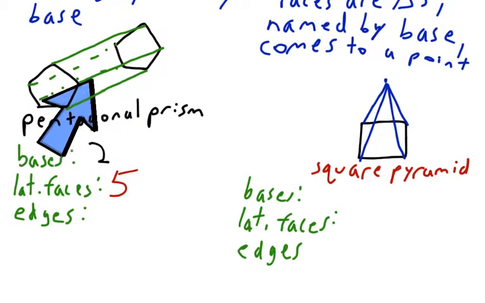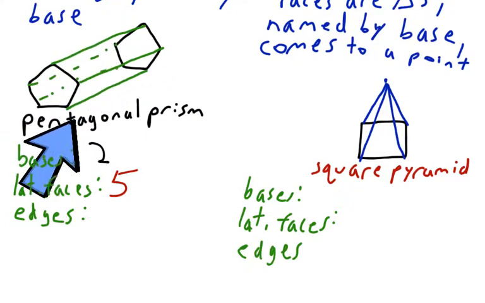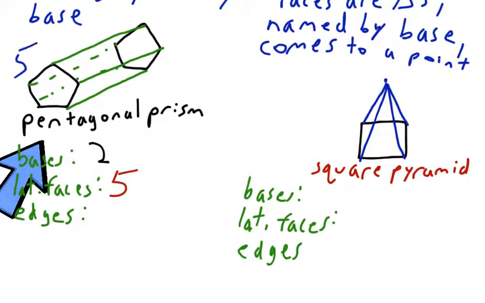So there's 5 going out from there as well. So again, we had 5 on our base, 5 on this base, and then 5 connected. So 5 plus 5 plus 5 gives us 15 edges.